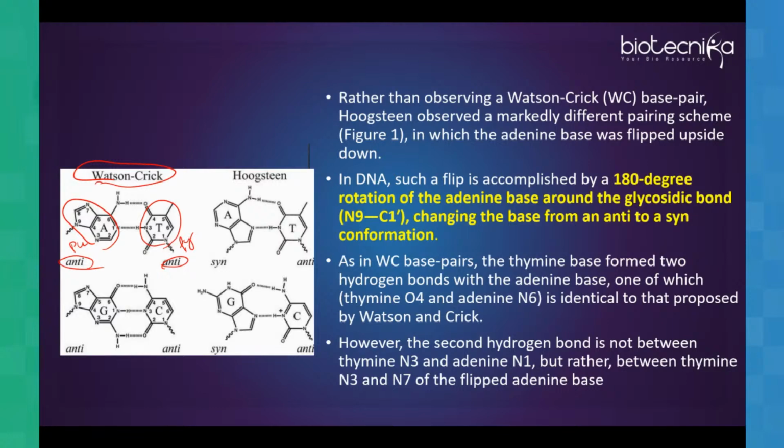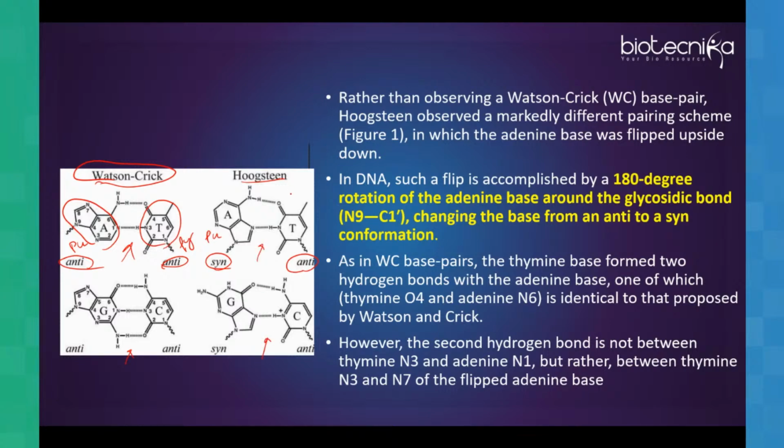Just now I was telling you in Z-DNA about the syn and anti-conformations of the glycosidic linkage. In Watson-Crick both are in anti, but in Hoogsteen pairing the purine is in syn and the pyrimidine is in anti. This is for A and T, and this is for C and G.